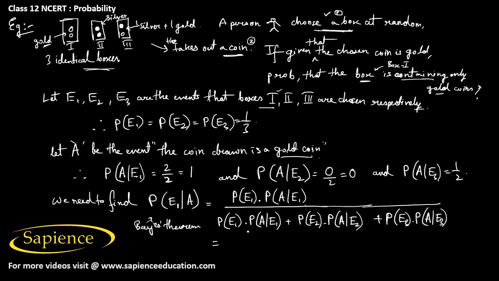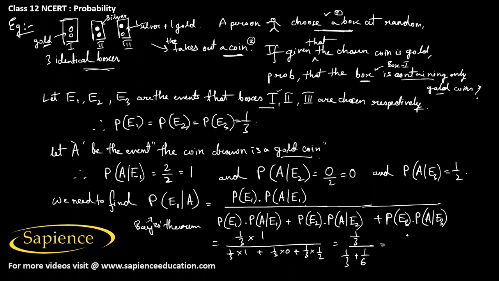So that will be equal to 1 by 3 into 1, divided by 1 by 3 into 1, plus 1 by 3 into 0, plus P of E3, that is 1 by 3, into 1 by 2. So the answer is 1 by 3 divided by 1 by 3 plus 1 by 6.